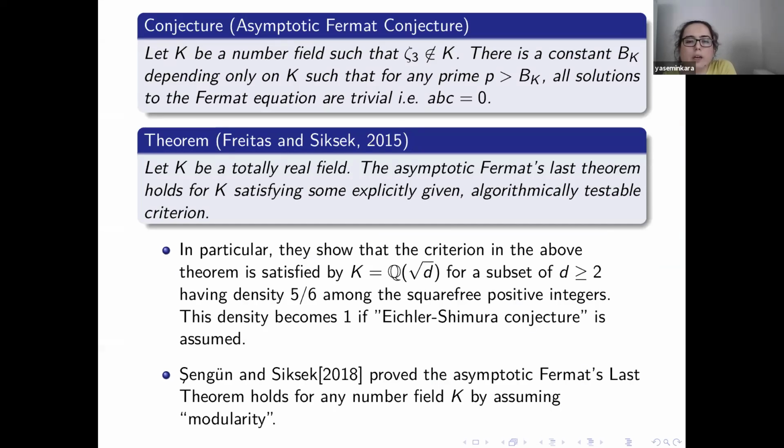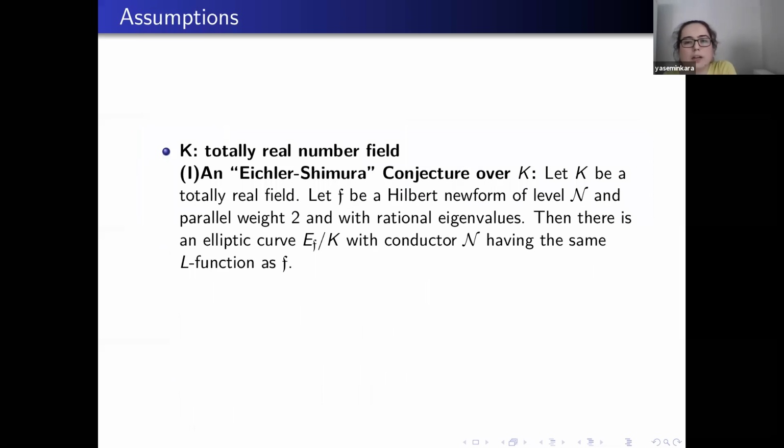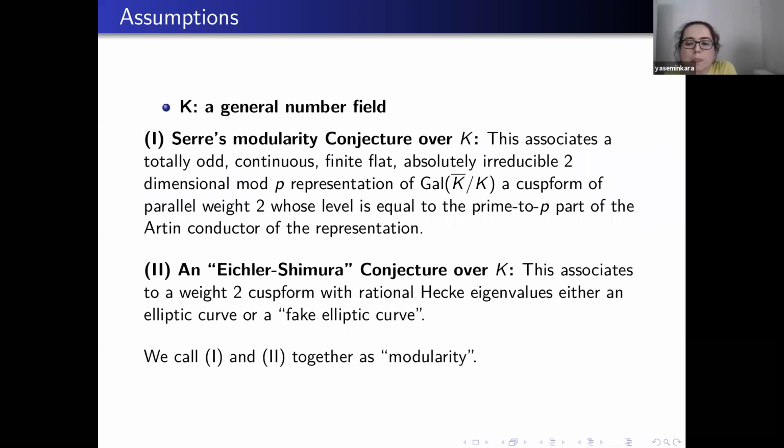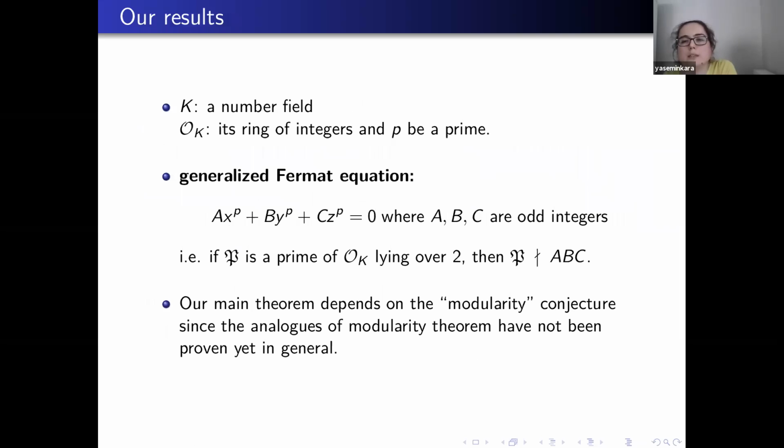They have a subset of real quadratic number fields where the asymptotic Fermat conjecture holds, and this set has density 5/6. But if they assume Eichler-Shimura, then the density becomes 1. We also assume Eichler-Shimura, but our density is just 5/6.